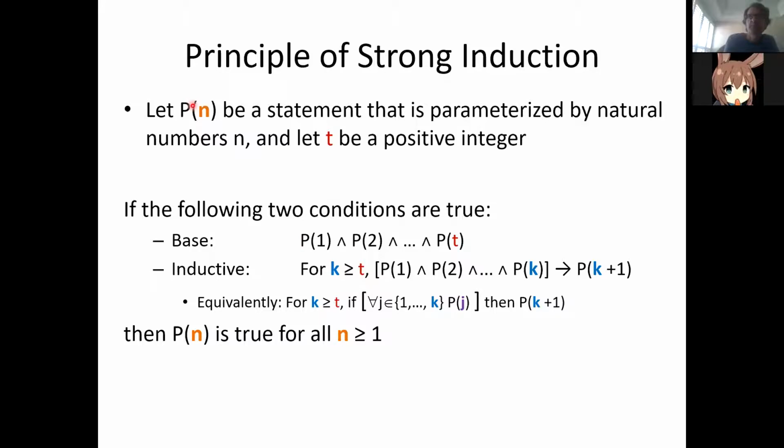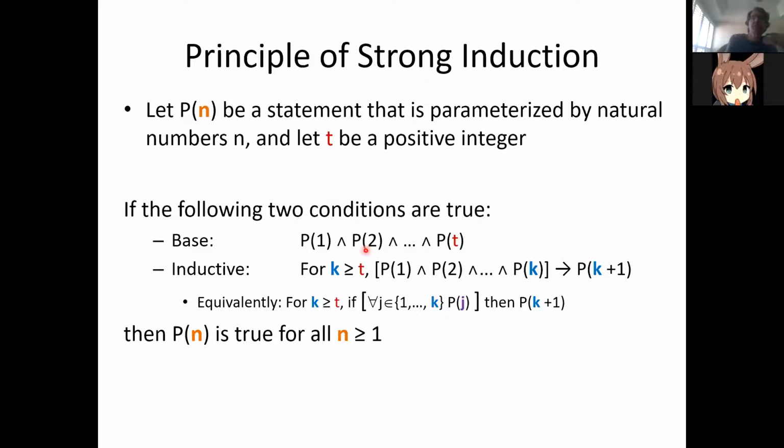Let P be this predicate parameterized by some index n. In the previous slide, this is the case for t equal 2. But it doesn't have to be t equal 2. You just have some number of indexes thrown into the base case and proven directly.